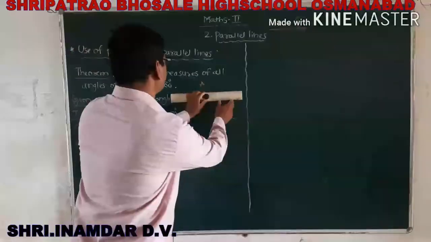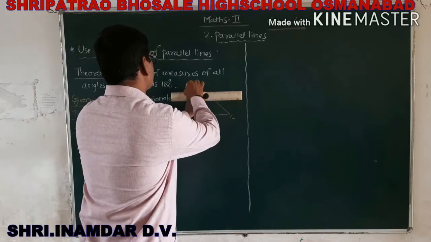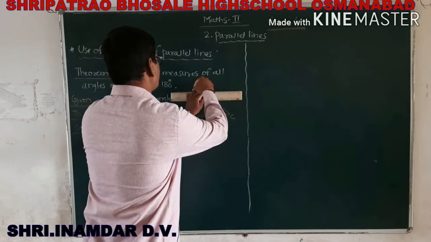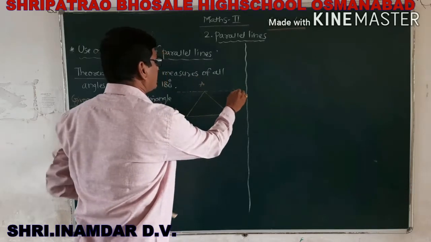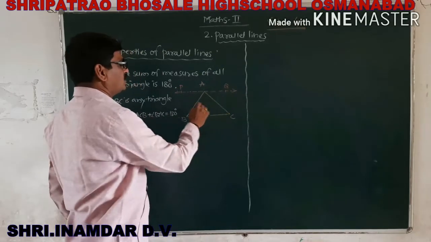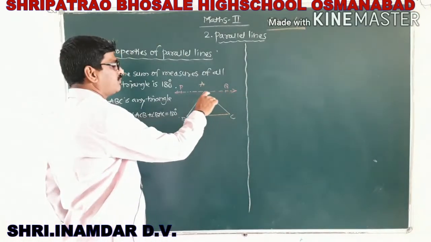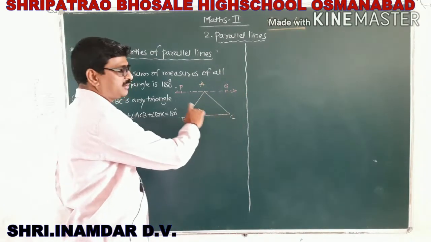Note that we have to draw that line here. Suppose the name of that line is PQ. So this line PQ passes through vertex A and is parallel to side BC.